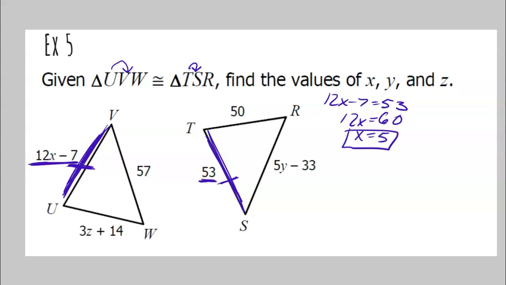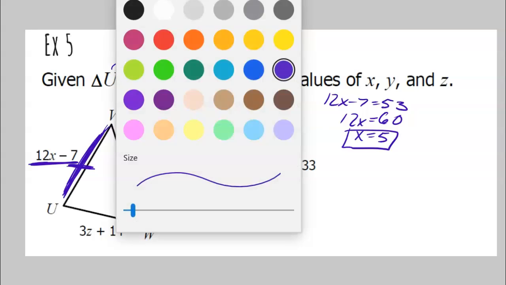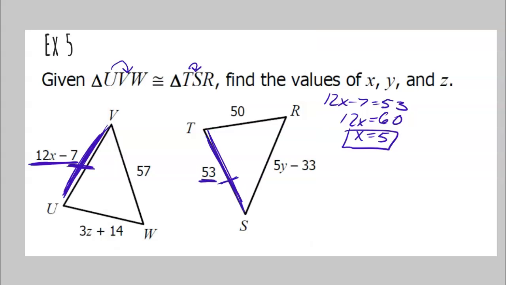All right, let's go ahead and solve for y and z. Hope you went ahead and solved for it. I'm going to identify where my y value is, which is located right here on segment RS. Notice how RS is the last to the middle term. Here we have WV, which is located right here.